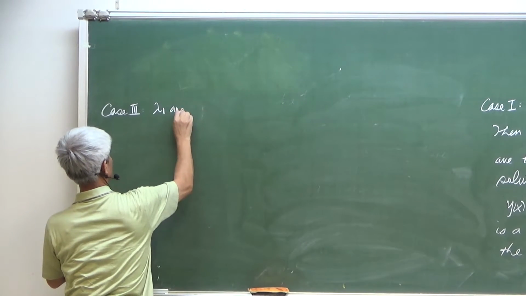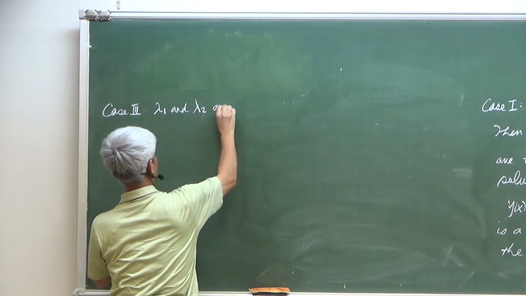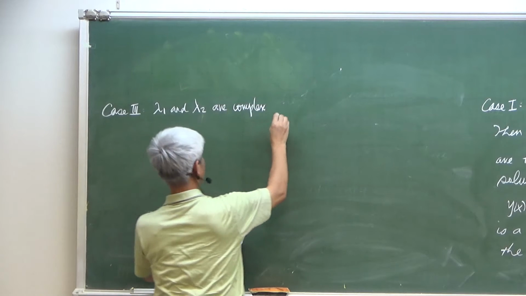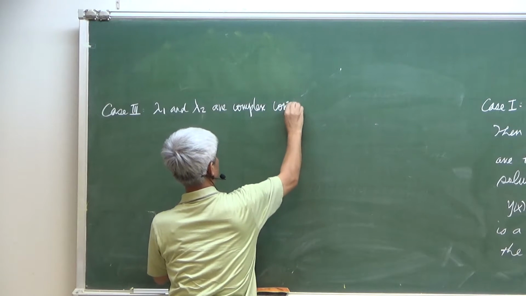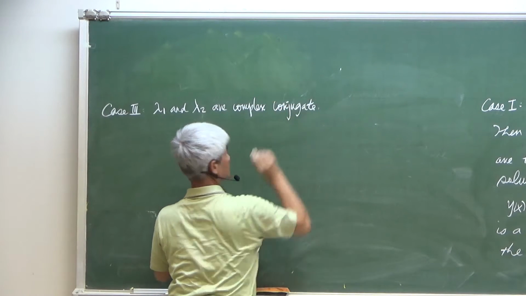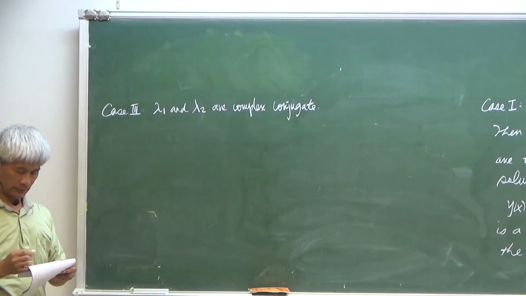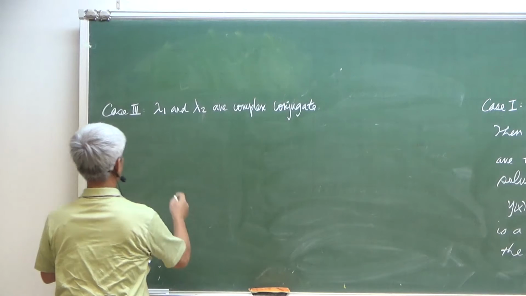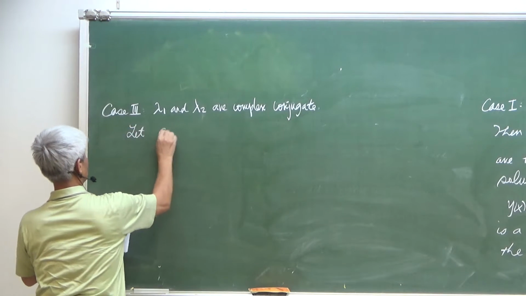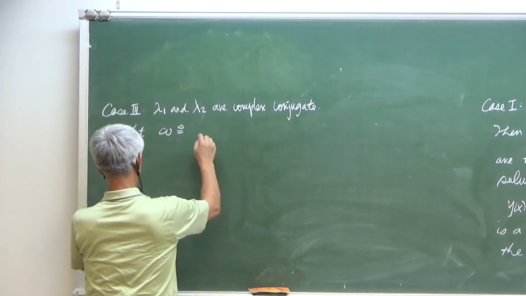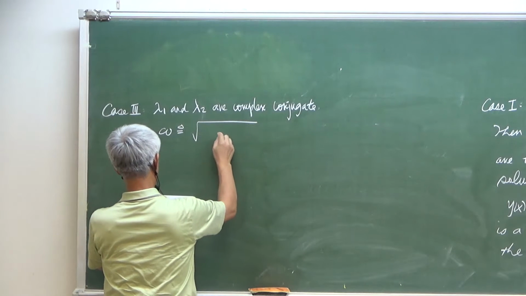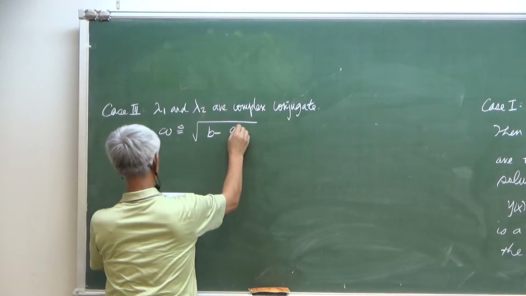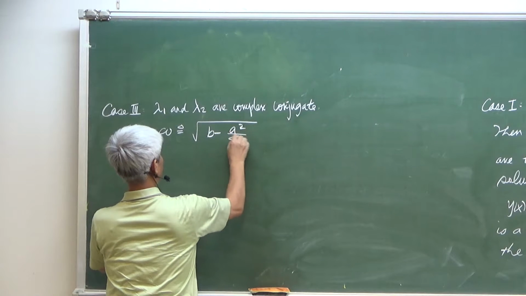Number 1 and number 2 are complex conjugates. Alright, so we let omega be the square root of b minus a squared divided by 4.